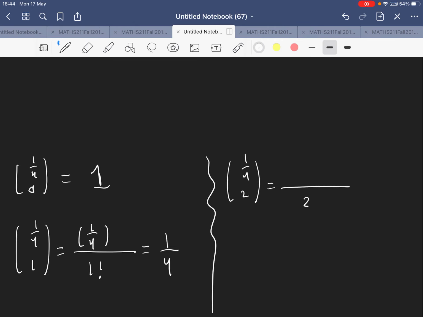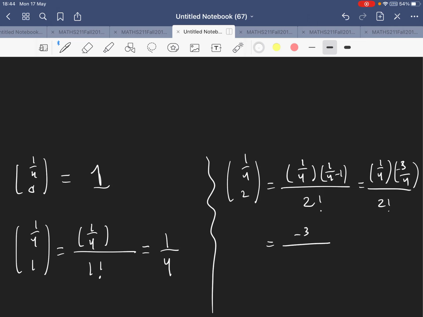This means 2 factorial, and on top I have to multiply 2 things, starting with 1 over 4, and then taking 1 out of 1 over 4, which is negative 3 over 4. If we multiply them, all in all, using your calculator, this is negative 3 over 32.